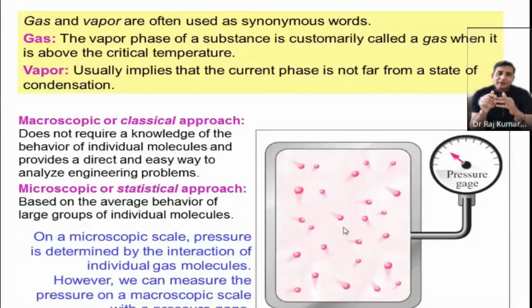You are not interested in how much pressure is being created by these tiny particles, these two or three particles. You are not focusing on individual molecules. If you are not focusing on individual molecules, you are talking about the whole, or the overall change, and that is treated as the macroscopic part or classical approach.